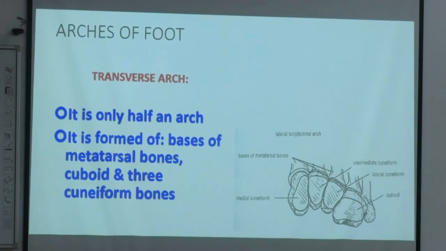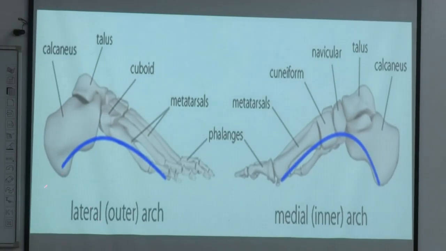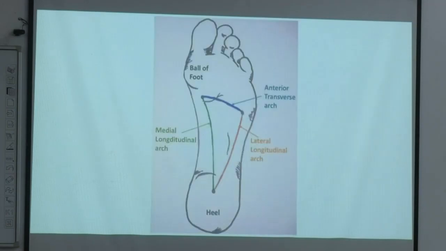Okay. Next, so this is the lateral longitudinal arch, and the medial longitudinal arch. Lateral is on the outer side, so outer arch, medial is inner arch. You have to see the bones which are forming the arches. Next, so these are the schematic lines. Here is the medial longitudinal arch, lateral longitudinal arch.